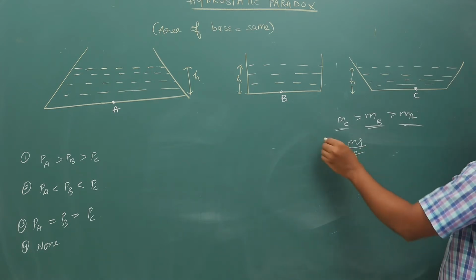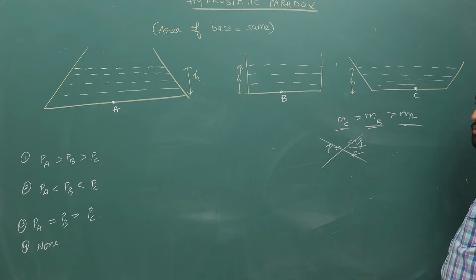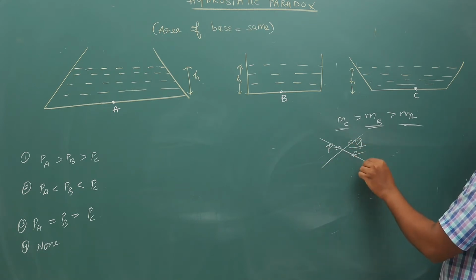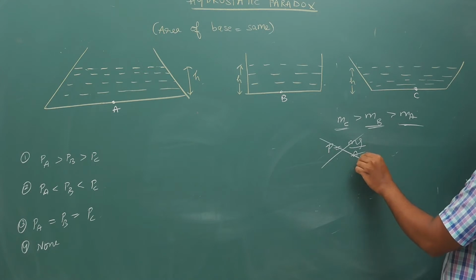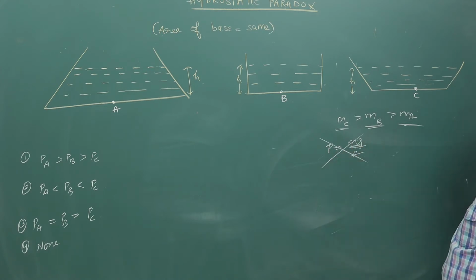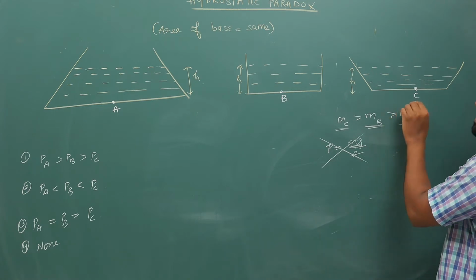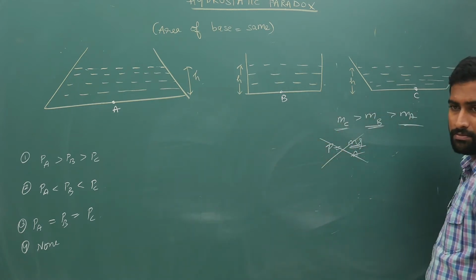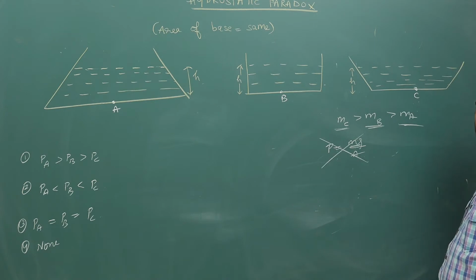That is not at all correct. You cannot say pressure equals mg by A and conclude that since the area is the same, wherever the mass is more there will be more pressure, so pressure at C is greater than at B, greater than at A. You cannot do that. Getting my point?